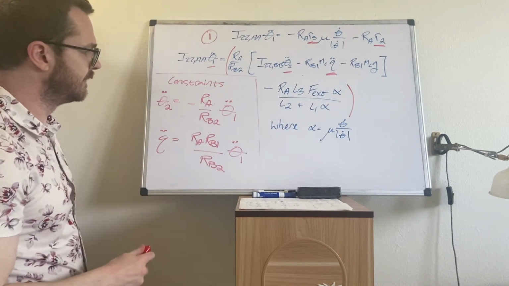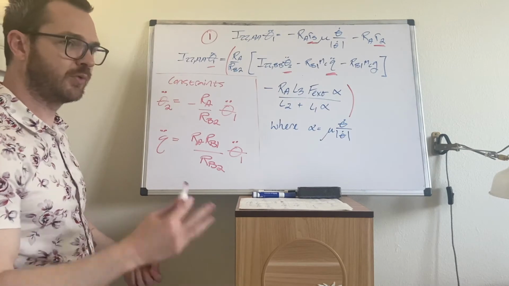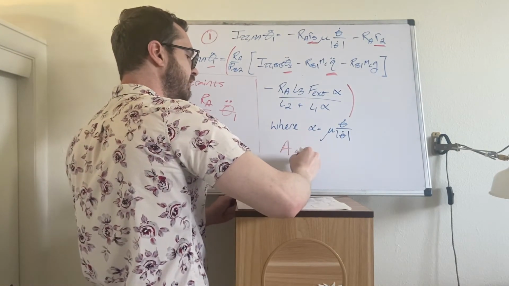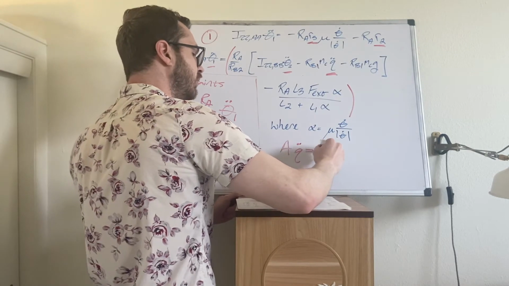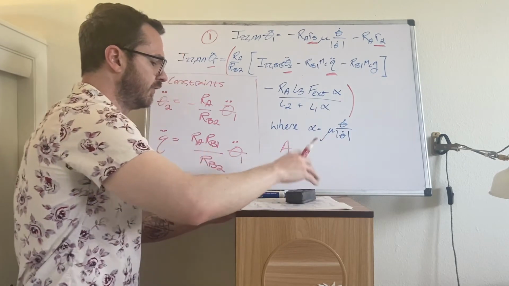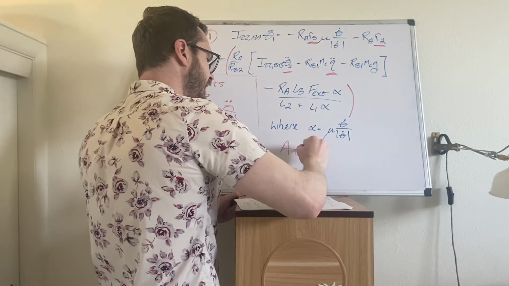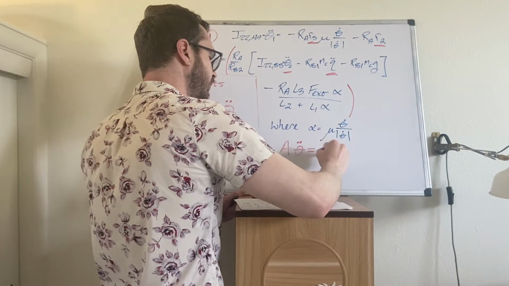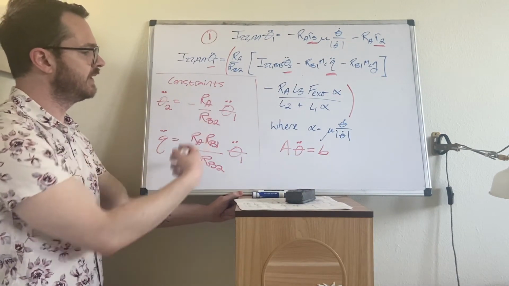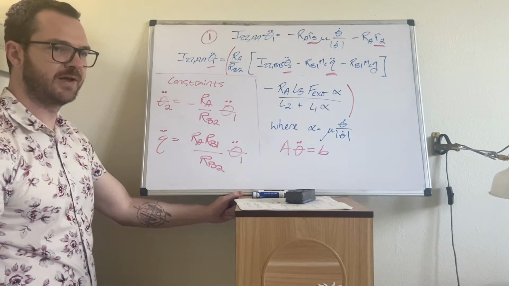Okay, and when we do that, here's how I'm going to present it to you. I'm going to present the equation as A Q double dot equals B. Q double dot, sorry. We're doing this one for theta, so A theta double dot is equal to B. Okay, let me clean all this up and I'll give you the final answer.